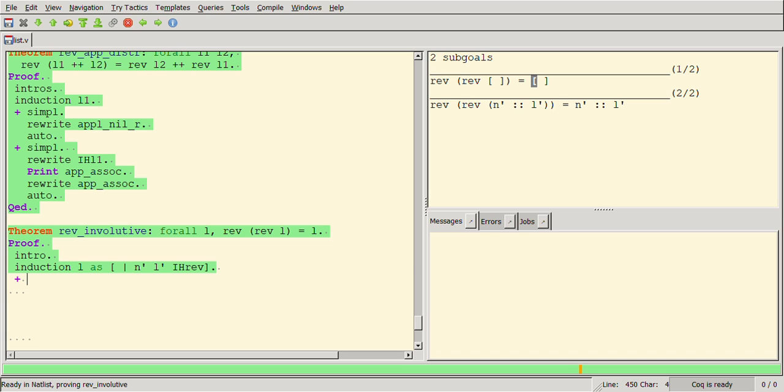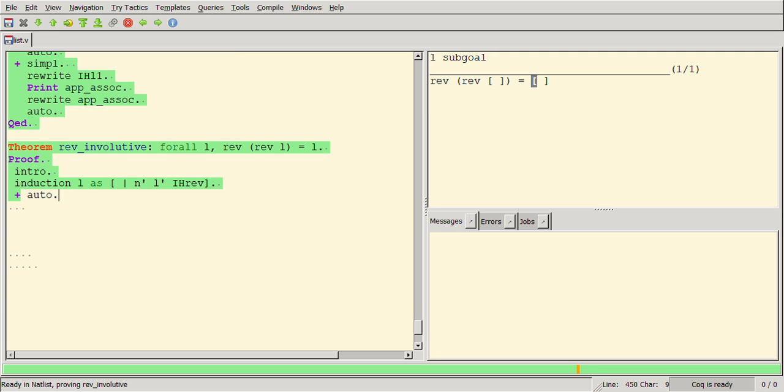The first subgoal, plus auto. What auto would do is that reverse has been defined such that if the only argument is null, then it returns null, and then this reverse would get a null argument, so it is again reduced to null.